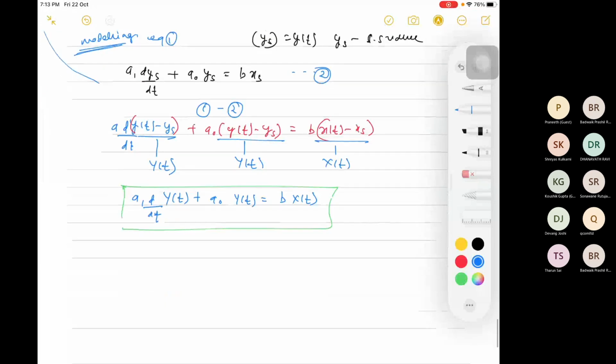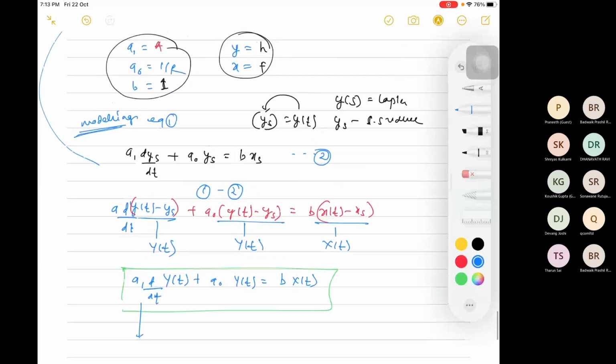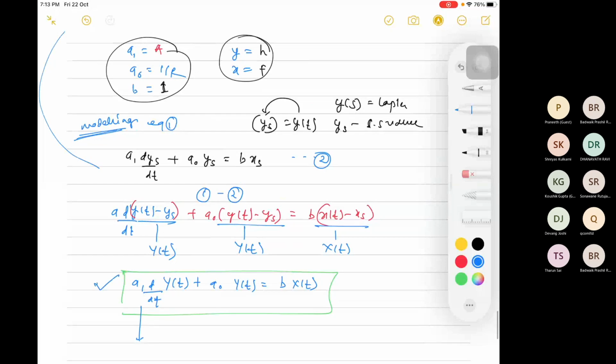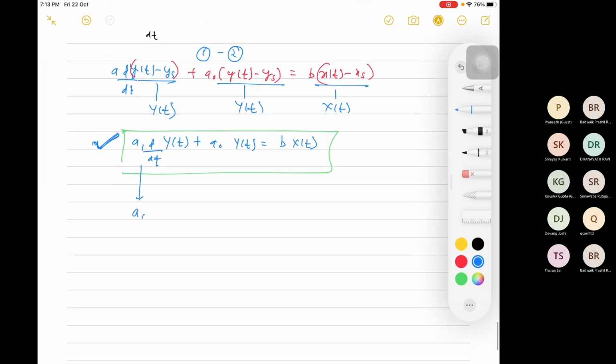Now you take the Laplace here. Take a screenshot first. What is the Laplace of this? If you don't know the Laplace, just substitute s in place of t.